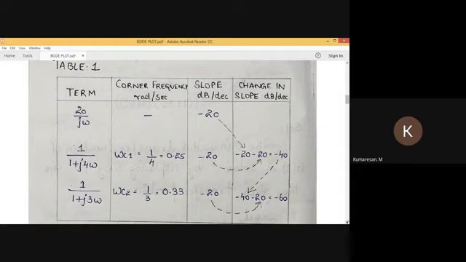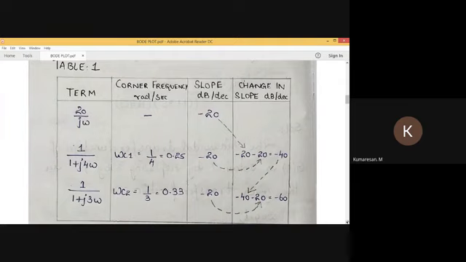The next term is 1 divided by 1 plus 3 j omega. Here we know that the corner frequency is already found. This is also 1 by j omega in the denominator, so we put minus 20 because of this j omega. The previous magnitude was minus 40, so minus 40 minus 20 gives a resultant of minus 60.